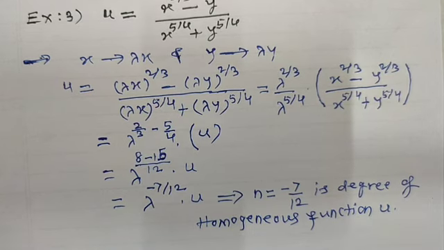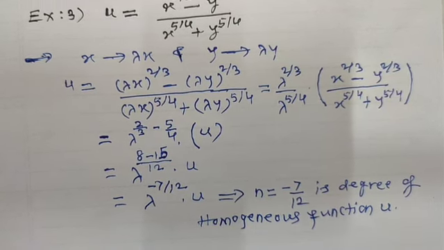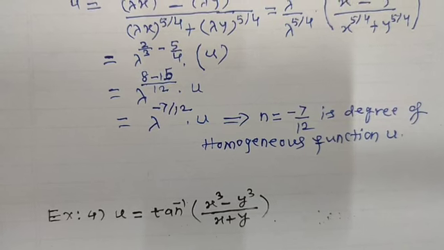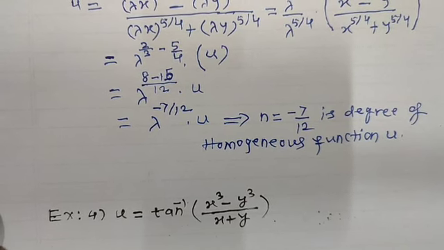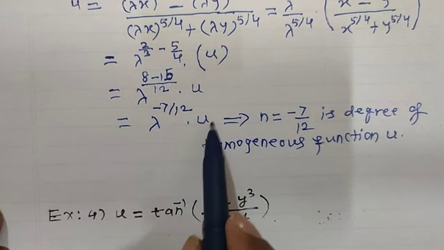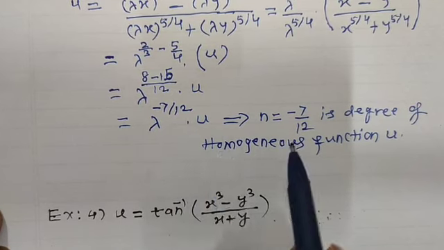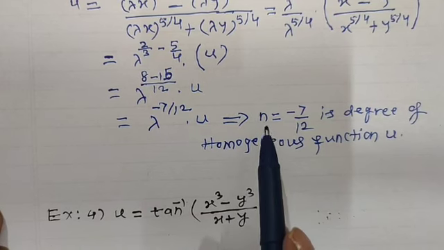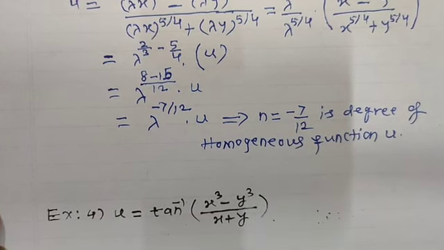Okay, in this way you can find the degree of a given function. Let us solve example number 4. Here u is equal to tan inverse of x cube minus y cube divided by x plus y. You know, lambda to the power n you can take as a coefficient of the given function. Then only that function is said to be homogeneous, and the degree you can easily find.